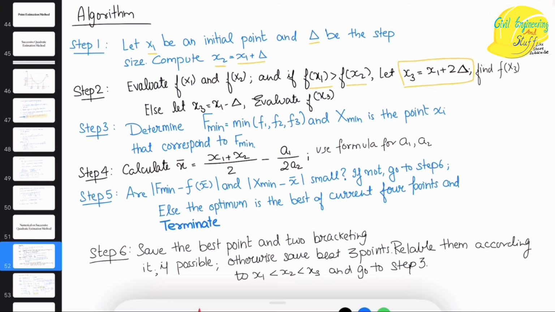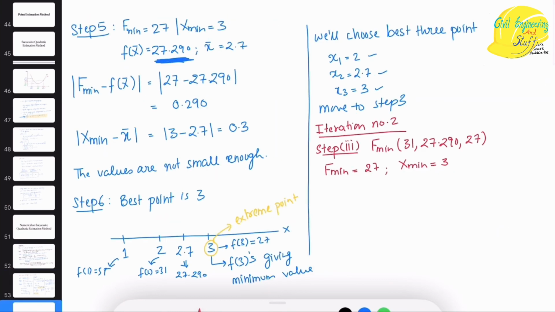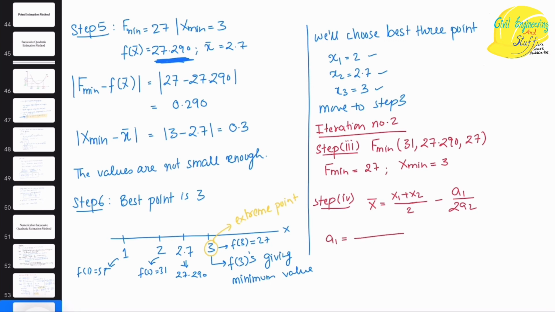Step number 4, we have to find out the value of x bar. The value of x bar is equal to x2 divided by 2 minus a1 by twice of a2, right? And the formula for a1 was f2 minus f1 divided by x2 minus x1.